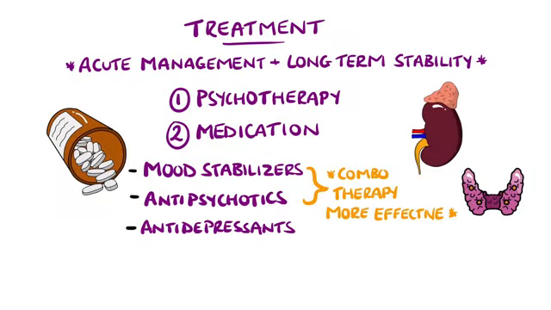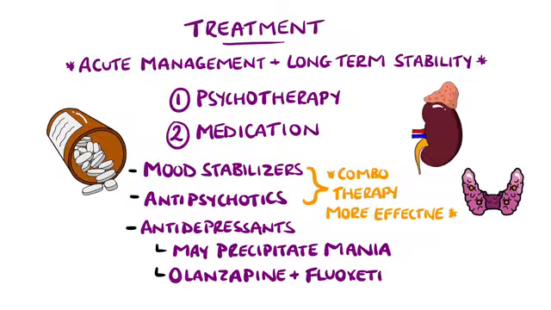Antidepressants are another class, but they are not typically used alone as they can trigger manic episodes or acceleration of cycles, but they may be used alongside mood stabilizers in some cases. Olanzapine and fluoxetine is a combination therapy approved for treating bipolar depression.